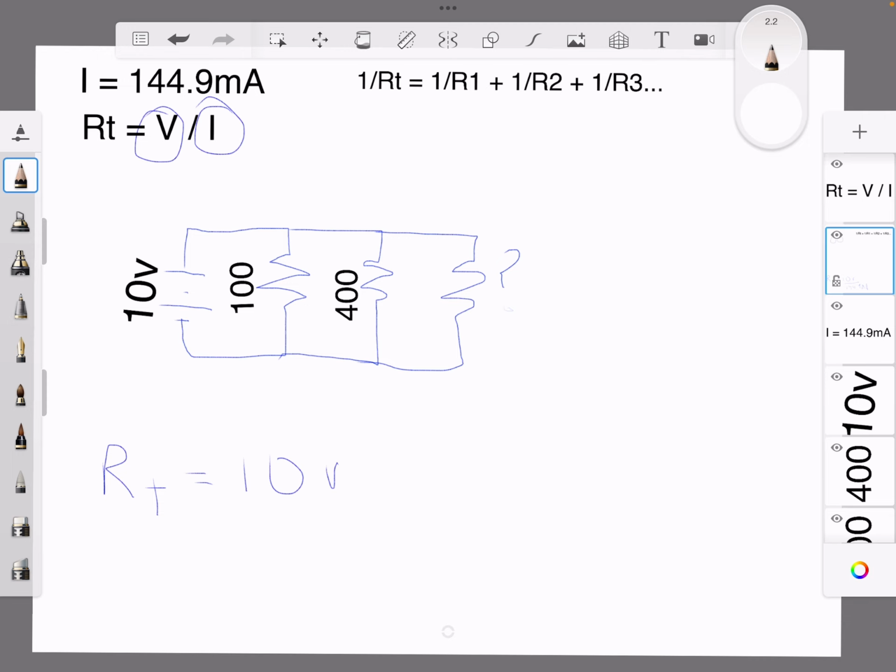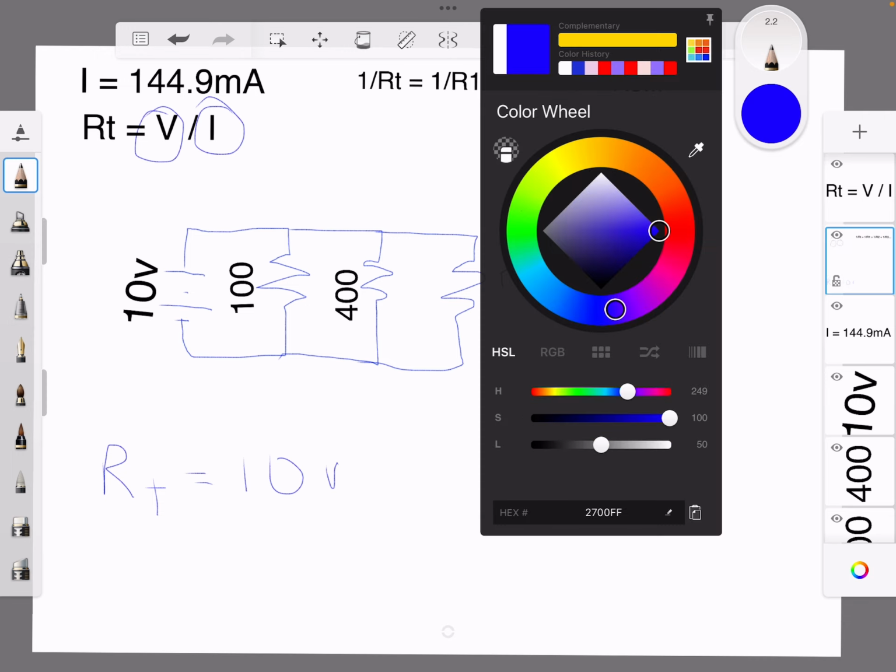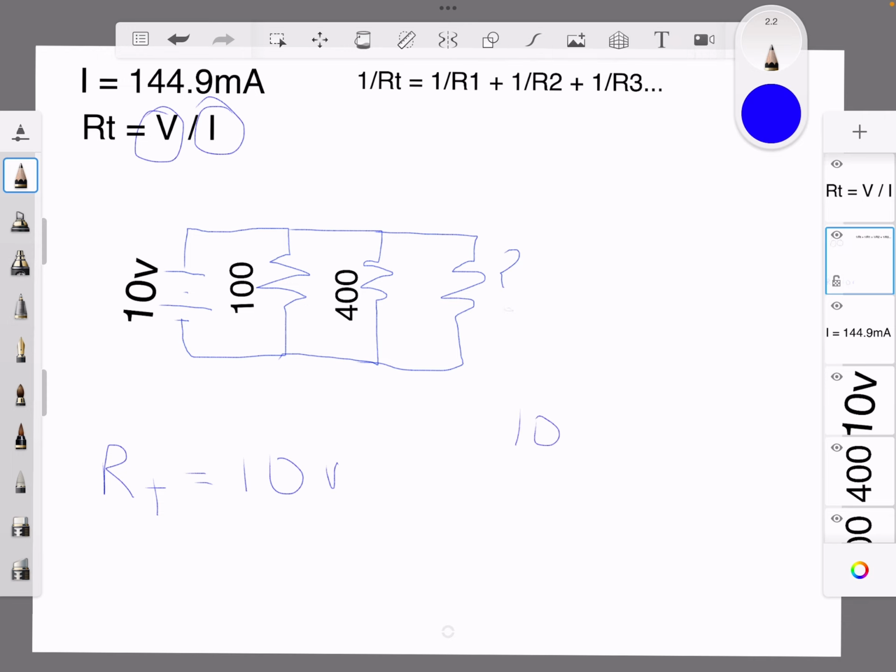144.9 milliamps is the same because milli really means to multiply times 10 to the negative 3.